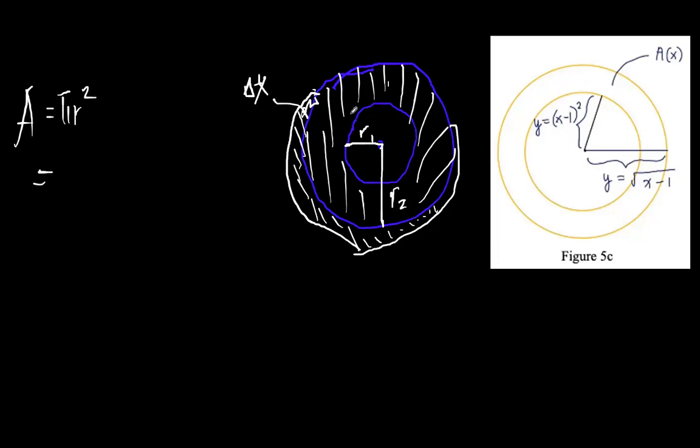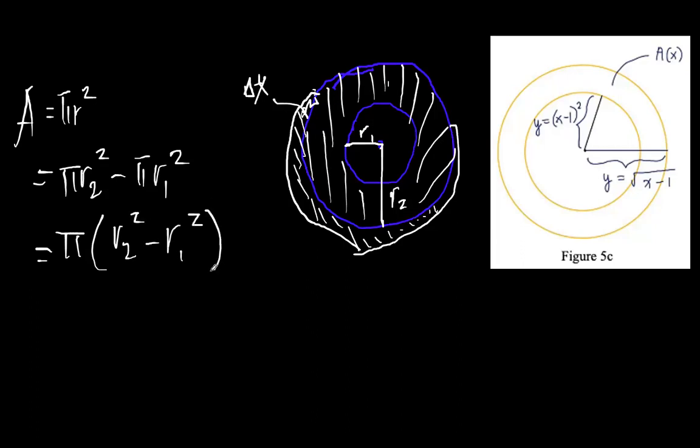So to find the area of the shaded part or region, we have pi r2 squared minus pi r1 squared. Correct? Kunin natin yung area ng malaking circle, and then subtract it from the smaller circle, which is the hollow one. So this becomes pi times r2 squared minus r1 squared. So this is our area.